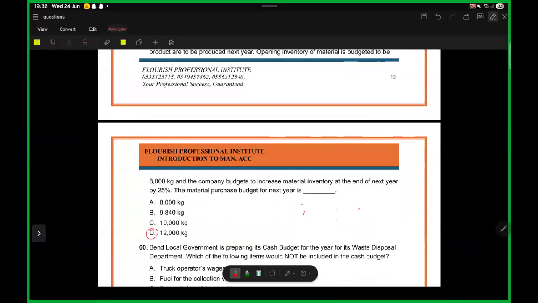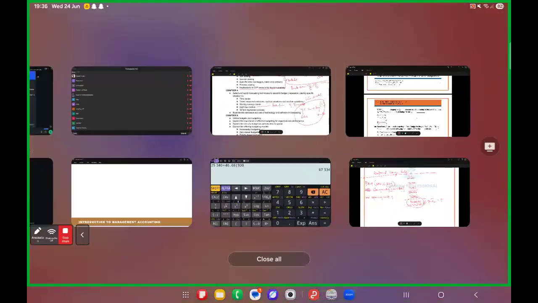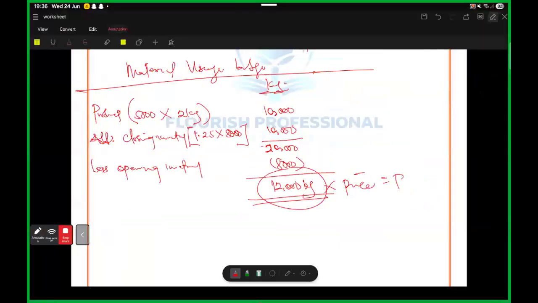Guys, do we understand? So the format is: get the units you have to produce. The units to produce are 5,000 units. I need 2 kg each, so I am going to get 10,000. I need 10,000 to produce in all. By the end, I was left with 10,000 as well. That means in the whole year, I will need 20,000 to make the production.